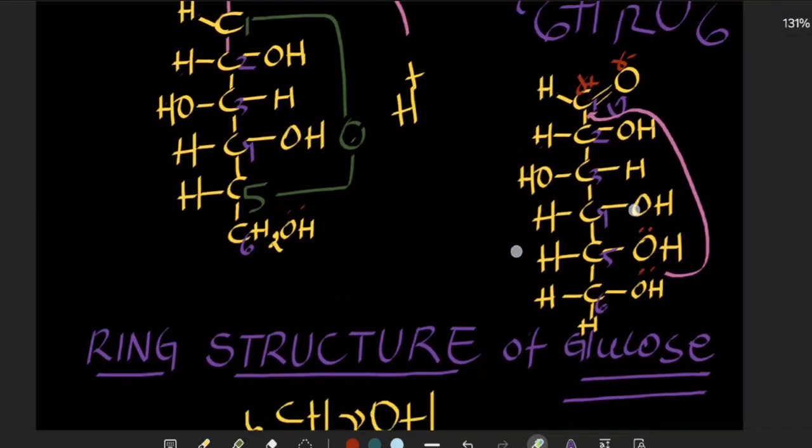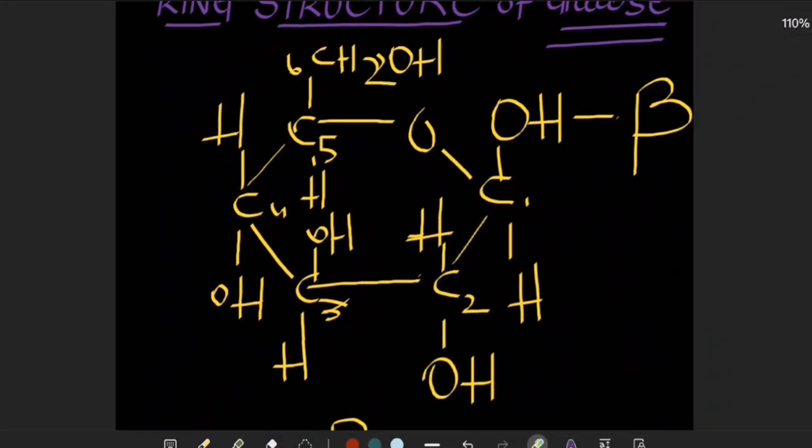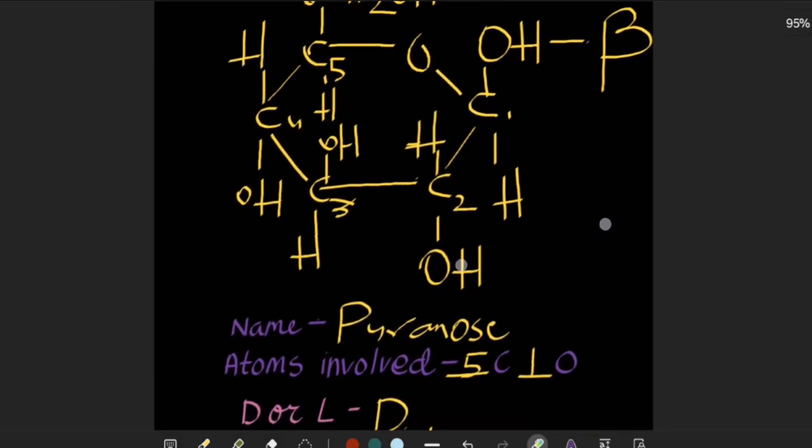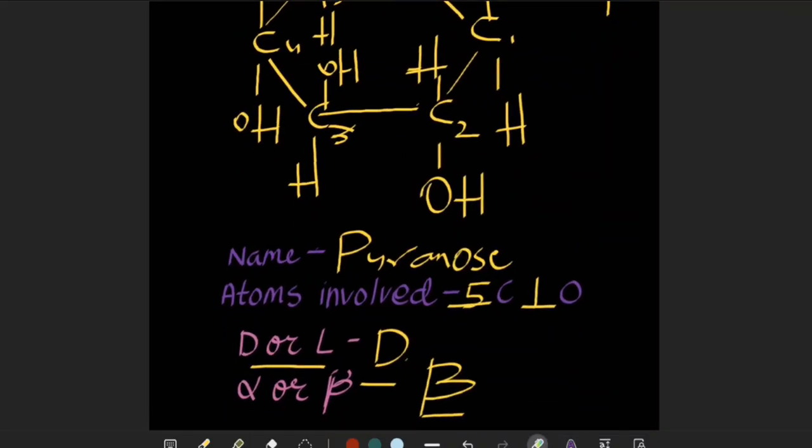So now I hope you understood the structure of glucose, right? And I hope you are also clear about what exactly a pyranose ring means, and what kind of molecule glucose is. It is actually a hexose molecule, and although it contains 6 linear carbons, when it comes to the formation of the ring, only 5 carbons and 1 oxygen are involved in the formation of the ring.